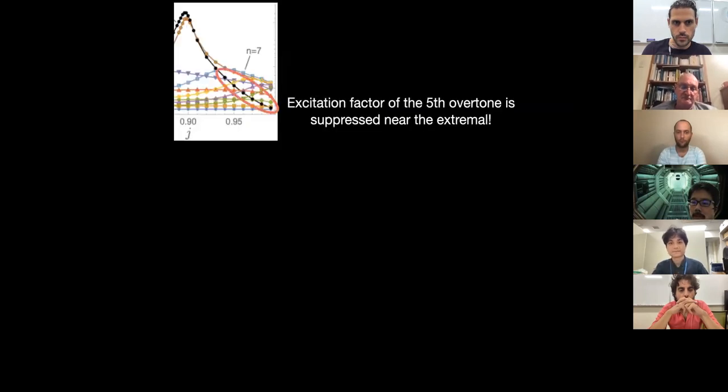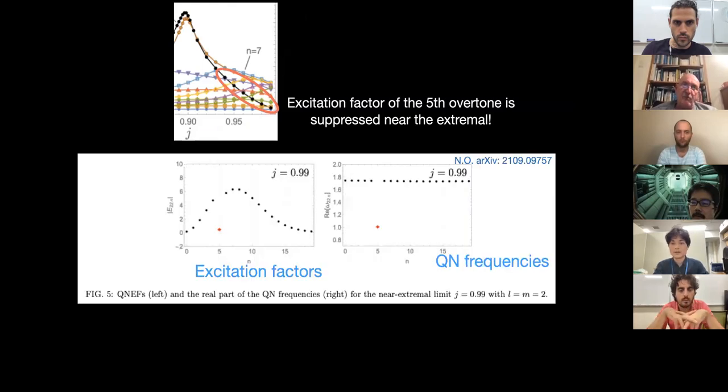Okay. So what happened in the quasi-normal frequencies? Actually, the fifth quasi-normal mode is isolated from other quasi-normal modes. And in this situation, the fifth quasi-normal mode is harder to excite.